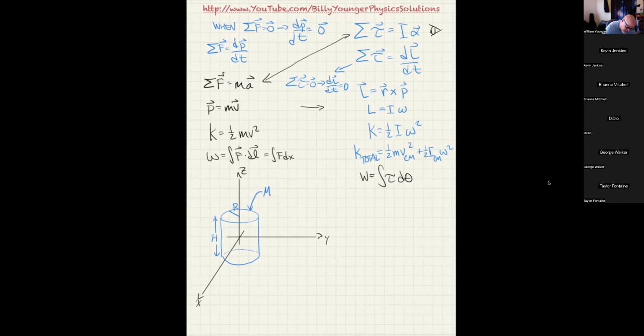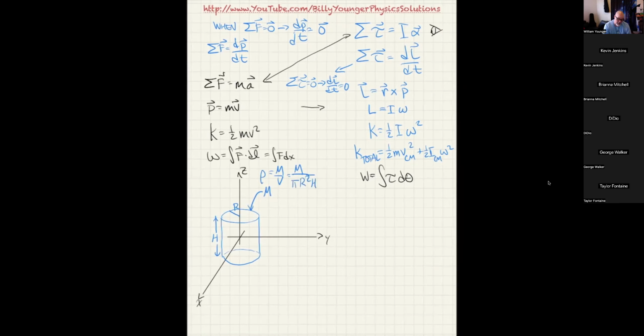Now what that means is the density, which is mass over volume, would be equal to M over pi r squared h. So I'm imagining this being a uniform mass.